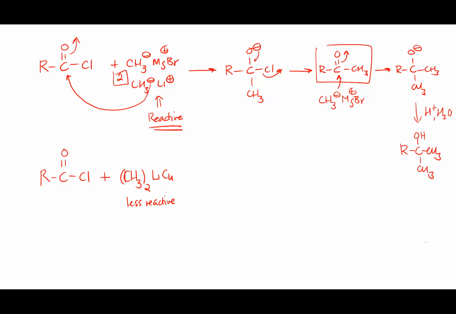Just like lithium tri-tert-butoxy aluminum hydride is the less reactive form of lithium aluminum hydride. So what happens here is I just add one CH3 minus, the O minus brings the pair of electrons down and kicks off the chlorine.